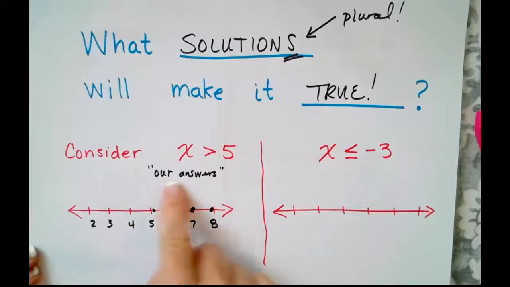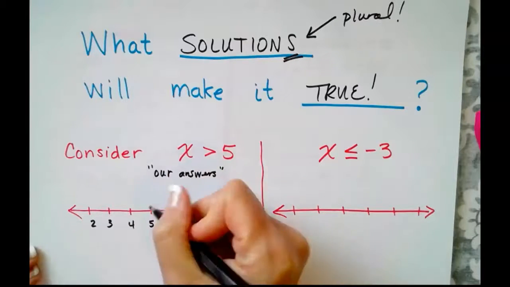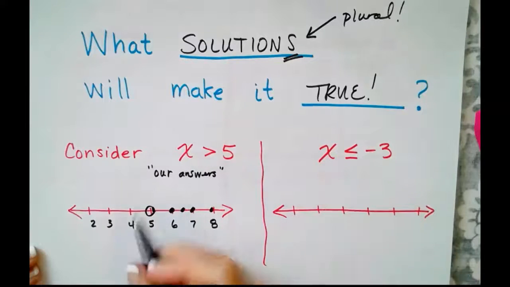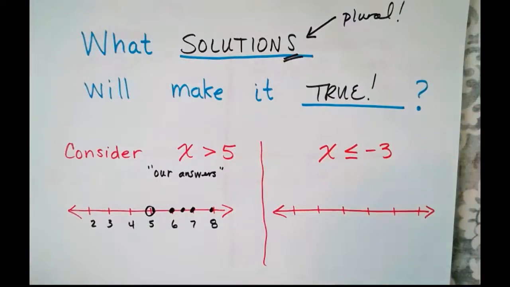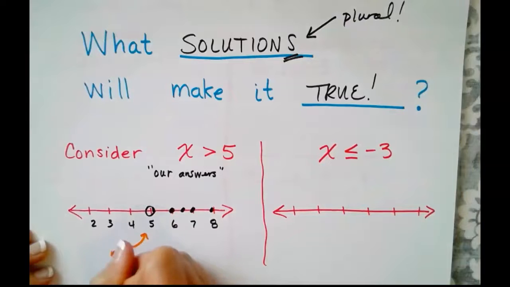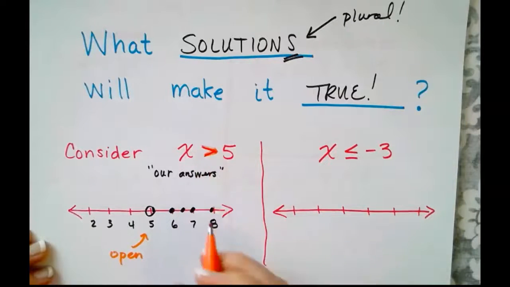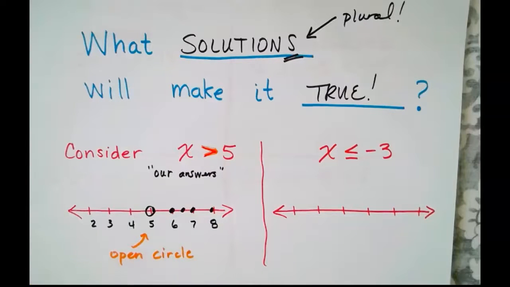No. 5 is not one of our answers. So to show that, we're going to put an open circle over the 5. That open circle is non-inclusive. So please note that. We show strictly greater than with an open circle over the 5.